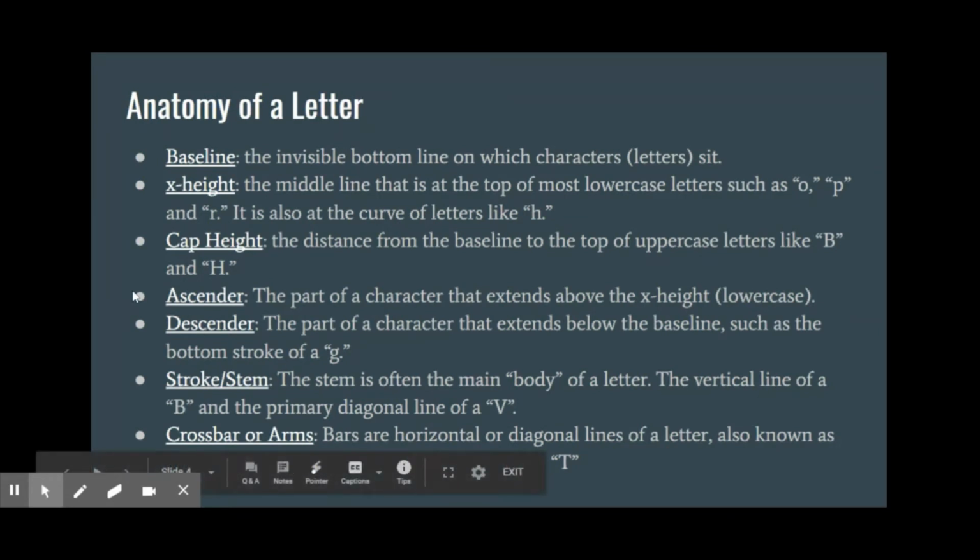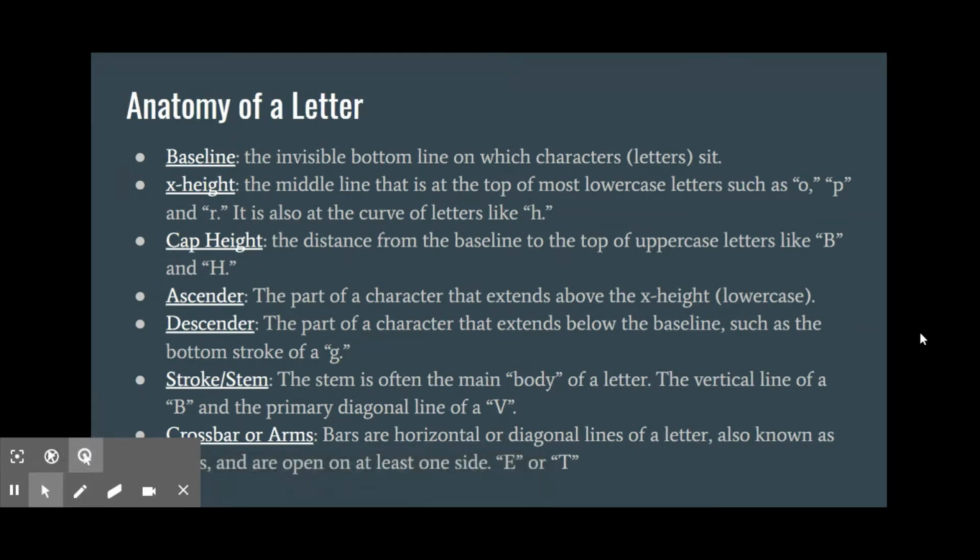Then you have the crossbar or the arms. The bars are horizontal or diagonal lines of a letter, but they can also be called arms and are open on at least one side. So these kind of mix and match a little bit. A crossbar is more for parts of the letter B, for example.